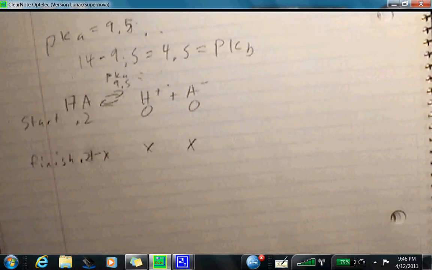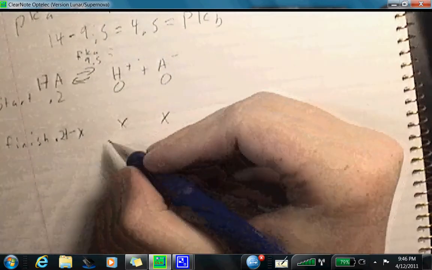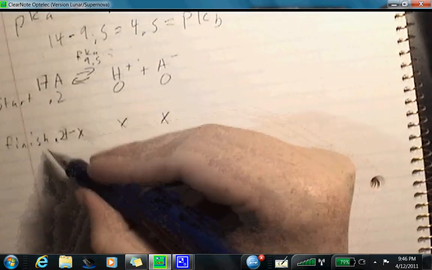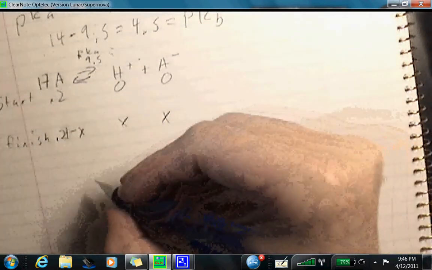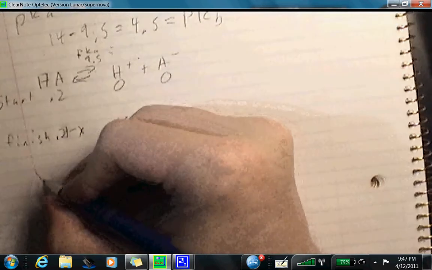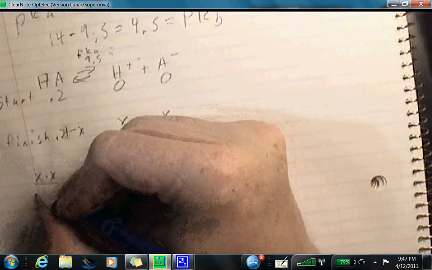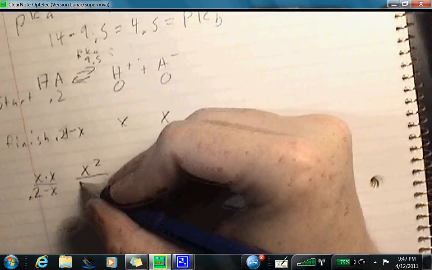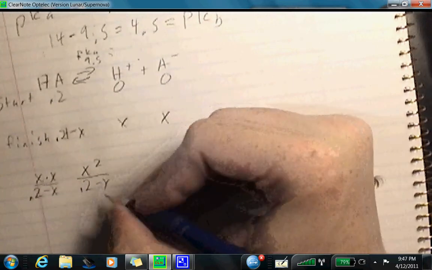So if we do our products over reactants, this is our reactant and this is our products. So we're going to get x squared, because x times x, over 0.2 minus x.